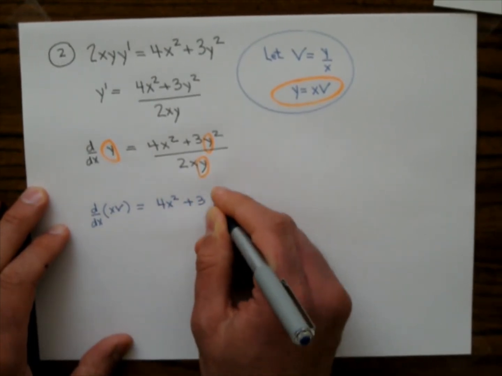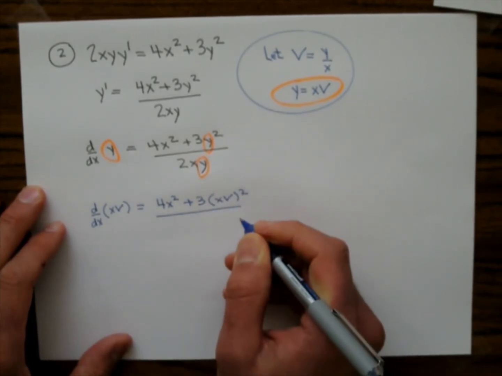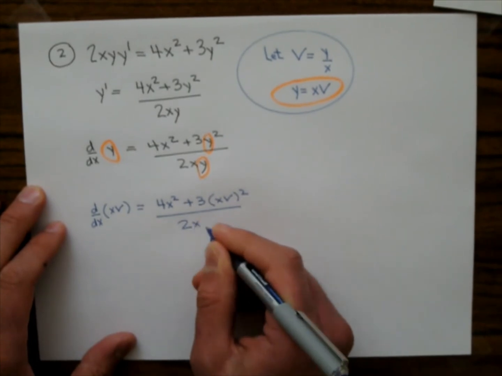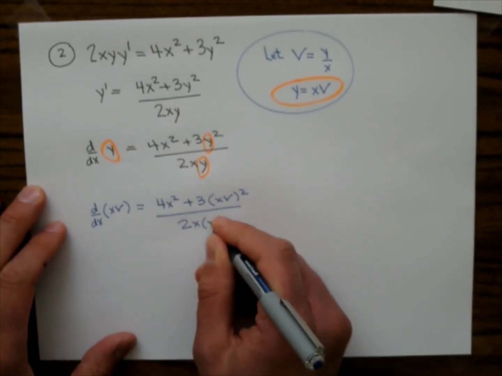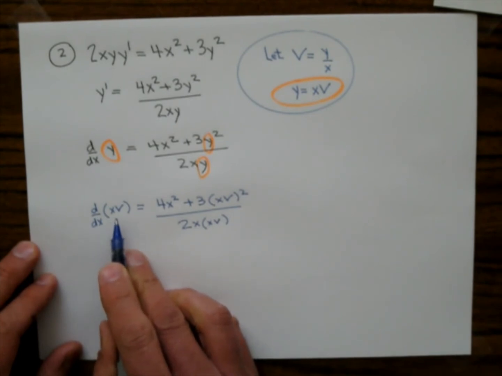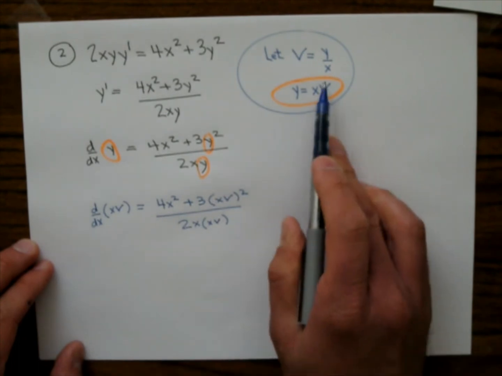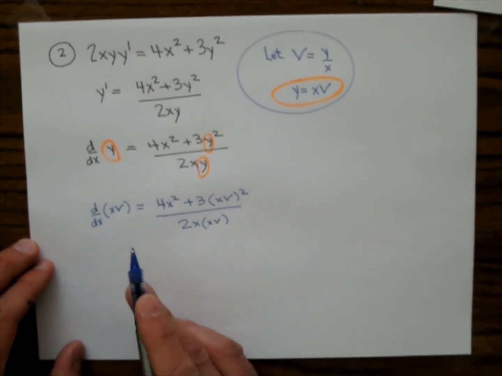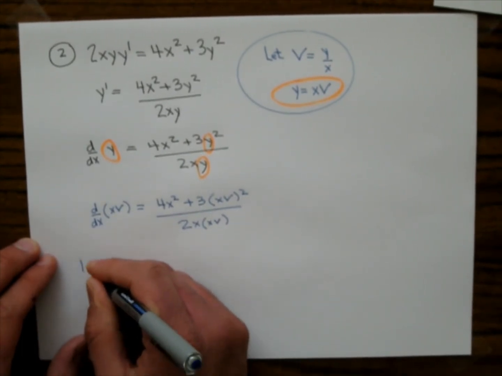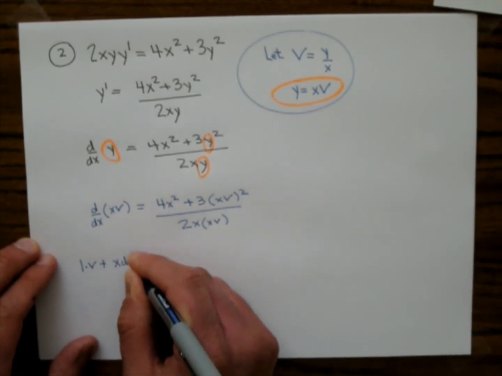4x squared plus 3(xv) squared, and then this is 2x, and then this is xv. Now, on the left-hand side, we have the product rule, and every time you do a problem with this substitution, the same thing's going to happen on the left-hand side. So, derivative of the first times the second plus the first times the derivative of the second.